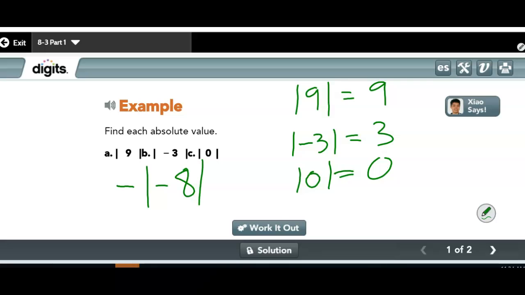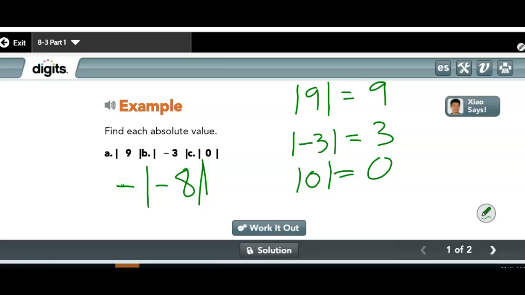That is exactly right. You see the negative sign outside the absolute value? That represents an opposite. So how that is read is the opposite of the absolute value of negative 8. So what's the opposite of the absolute value of negative 8?